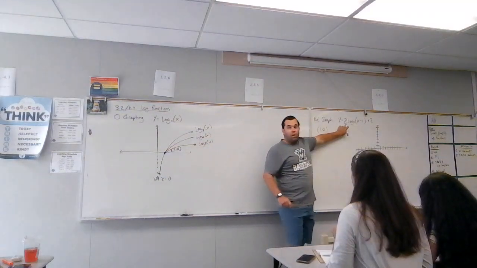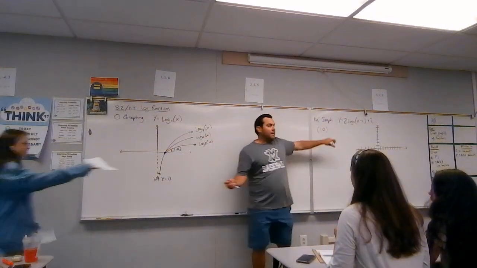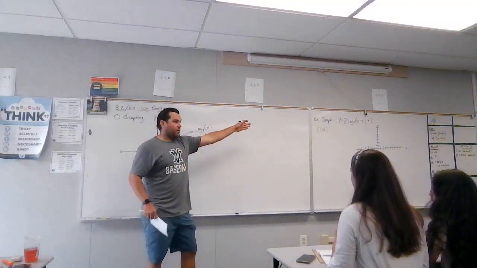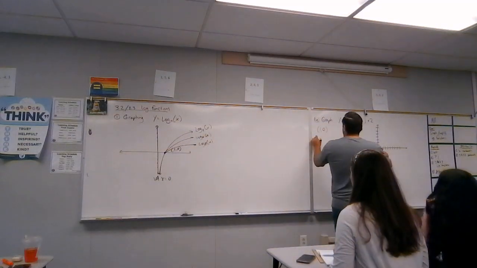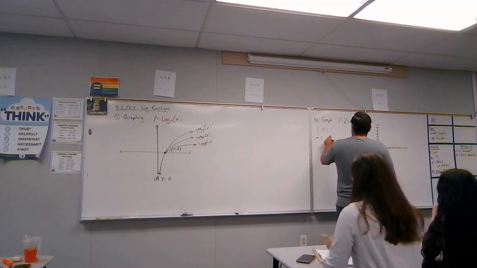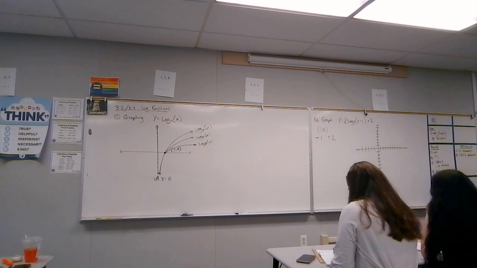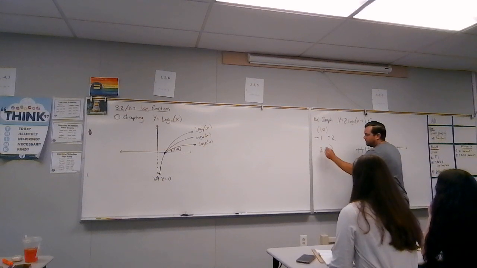But the one thing about logs is your y value is 0. So it doesn't really matter what that leading number is because it's not going to affect your y value at this current moment. So all we really have to do is move that coordinate to the right 1 and up 2. It shouldn't be too difficult. It's going to be at 2, 2.